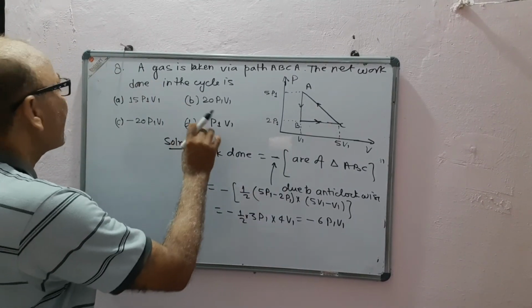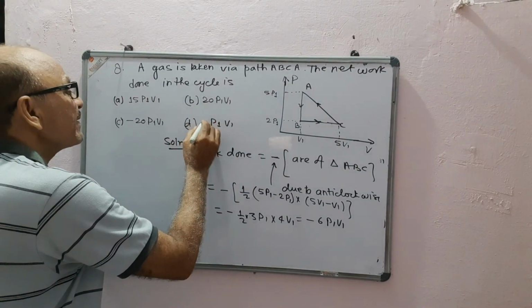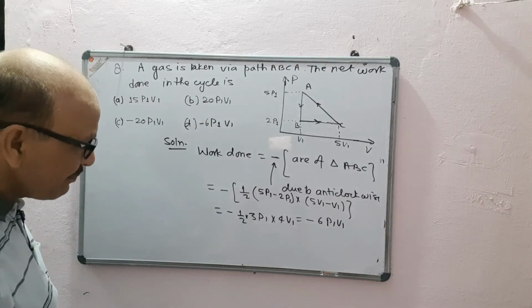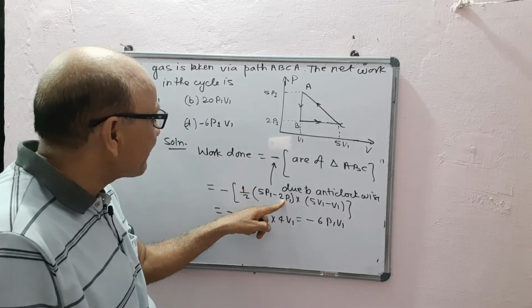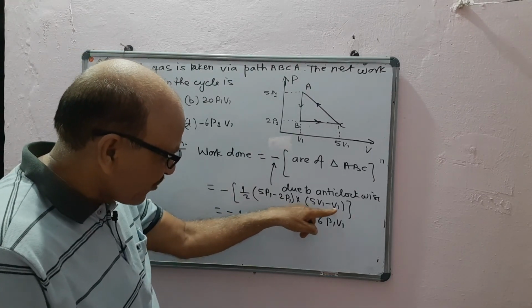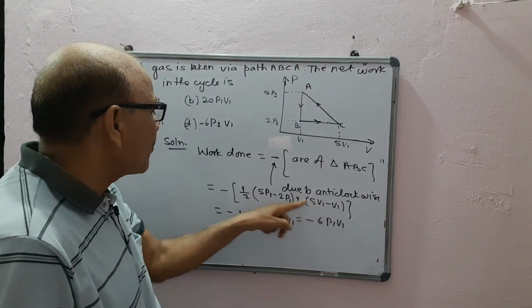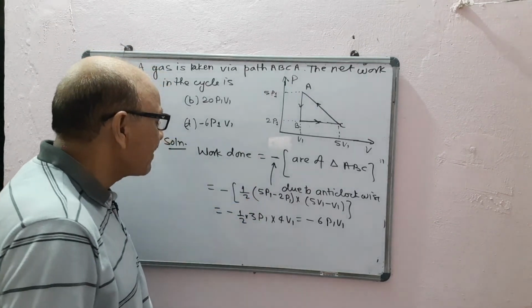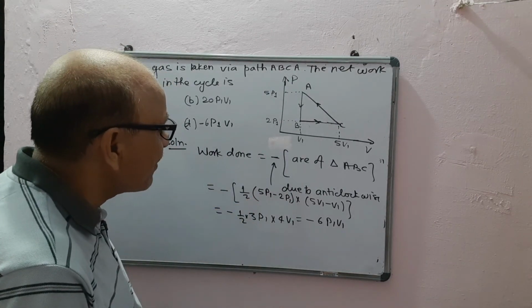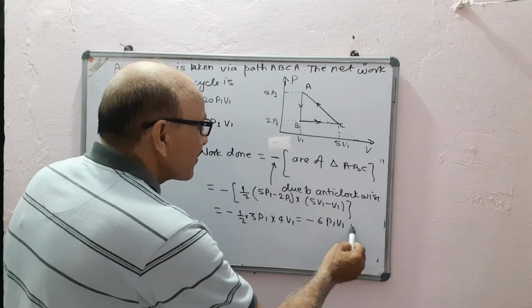Sorry, this must have been 6 p1 v1. 5 minus 2 is 3, 5 minus 1 is 4, 4 into 3 is 12, 12 upon 2 is 6 p1 v1.